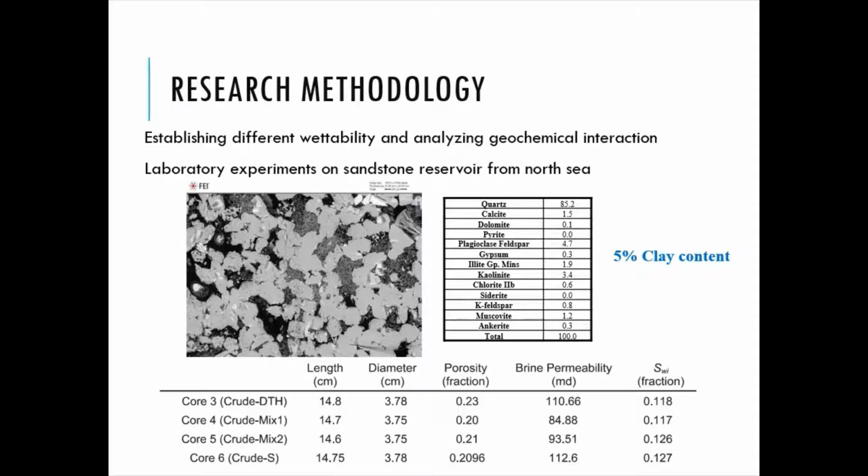This is an ESEM image of the rock showing that we have clay, and the clay content of the rock is an average of 5% for the cores. And these are the 4 sample cores that we have. We are showing their properties. You can see that they have 20% porosity, around 100 millidarcy permeability, and the initial water saturation that we have established was around 10%.